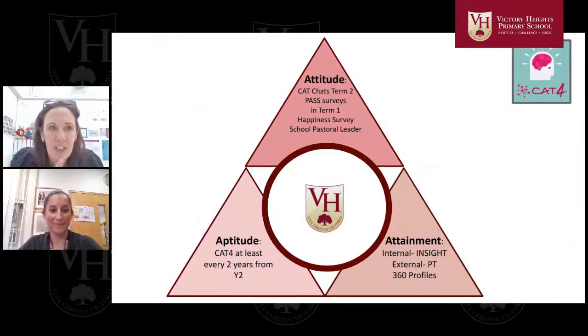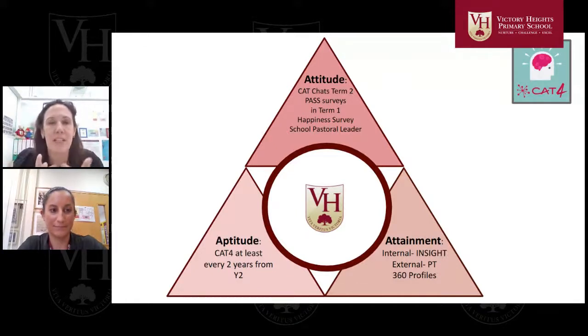So here you go. If you have a look on this slide, you will see an idea of how, as a school, we use attainment. The bottom right of this triangle, where it says attainment, is where we're looking at the English, the maths, the science assessments, all the teacher judgments, all the assessments that your teacher carries out every single day in class, whether in year 2 or year 6 or FS.